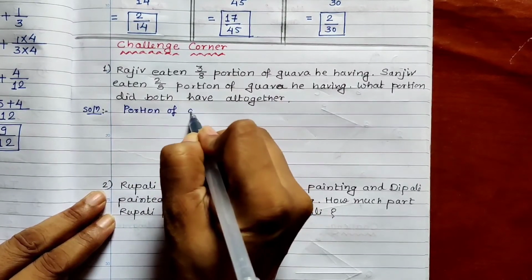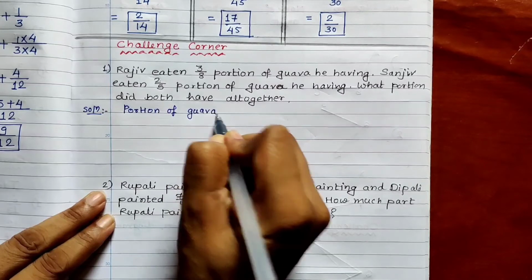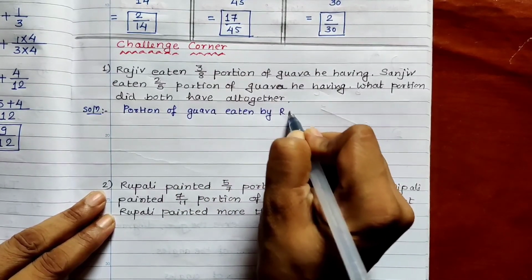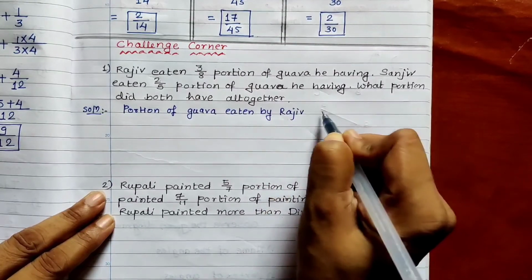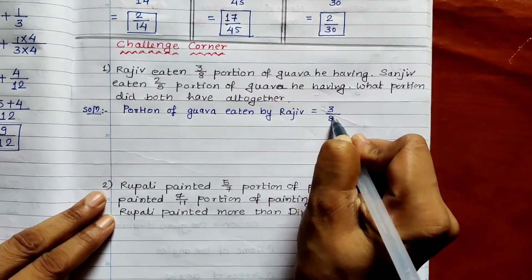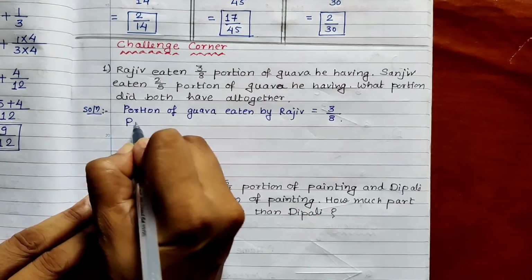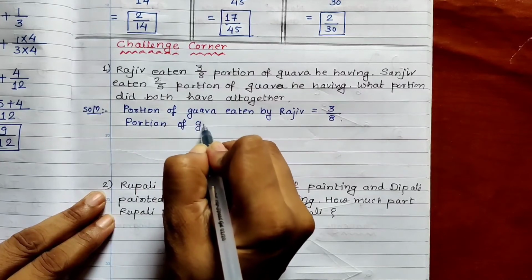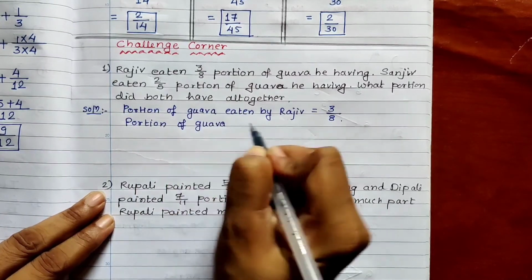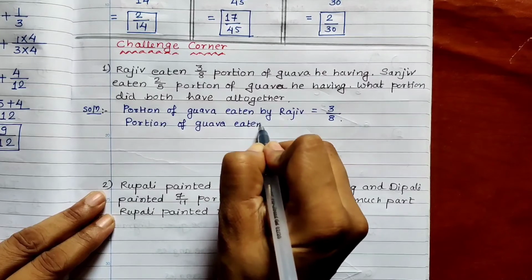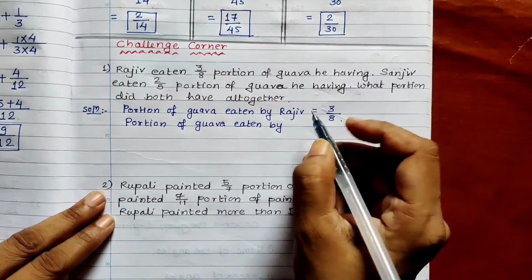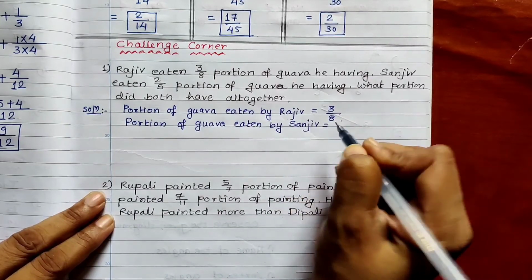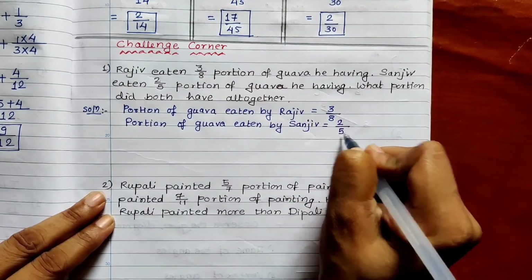Portion of guava eaten by Rajiv. How much portion did he eat? 3 upon 8. Okay. Portion of guava eaten by Sanjeev, 2 upon 5.